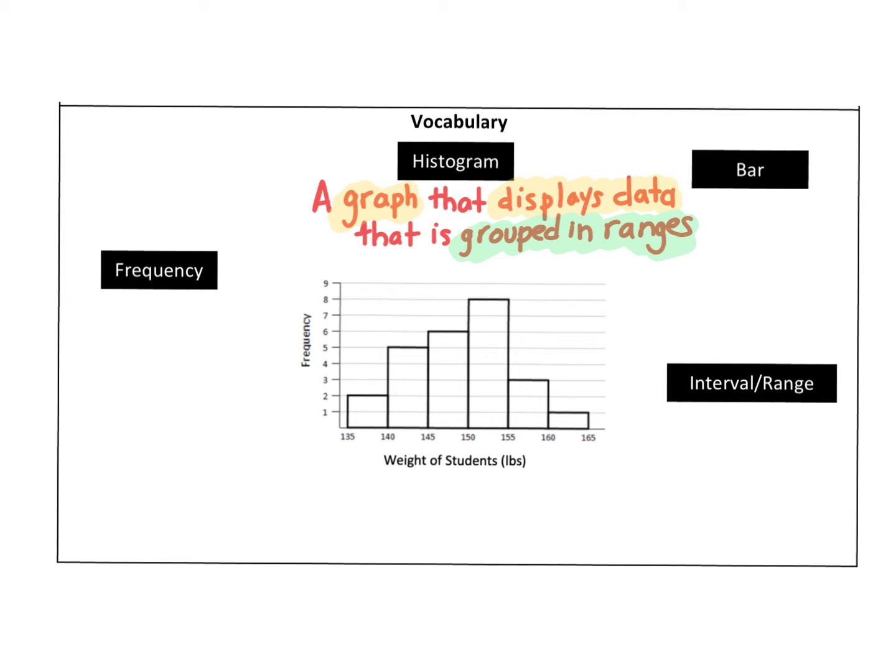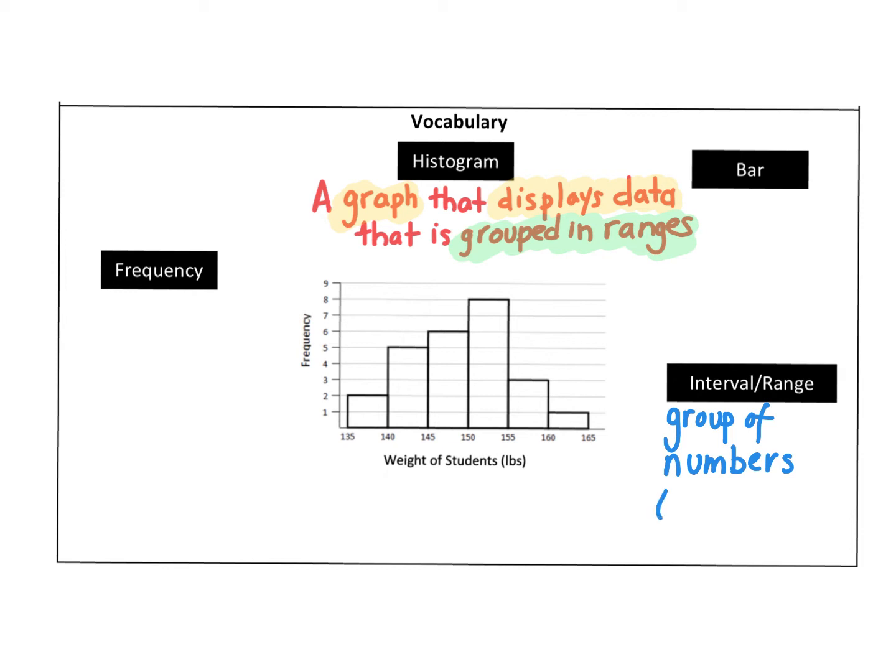All right, so let's talk about what ranges are, okay? So ranges, or intervals if you want to call them, you'll hear both of those words. This is a group of numbers. It's a group of numbers.